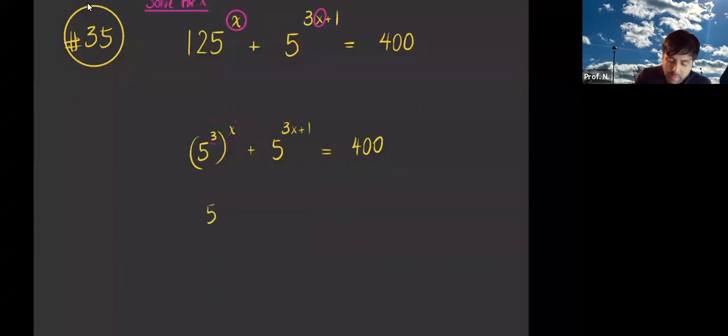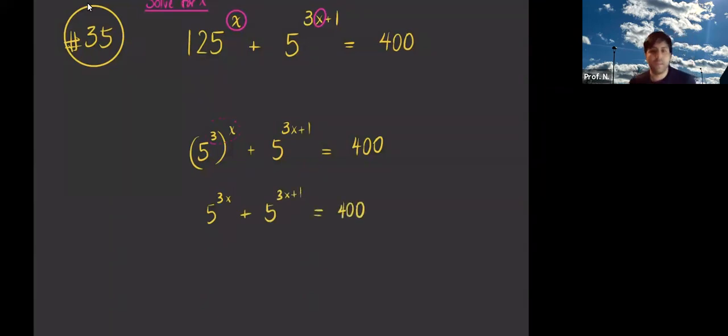So this is 5 to the 3x plus 5 to the 3x plus 1 equals 400. And now look what I'm starting to see: these two things here are identical. I just have this plus 1 here. So who has an idea of what to do here?